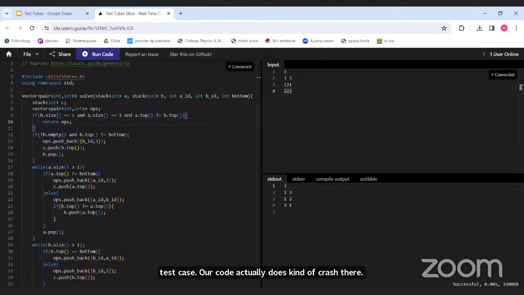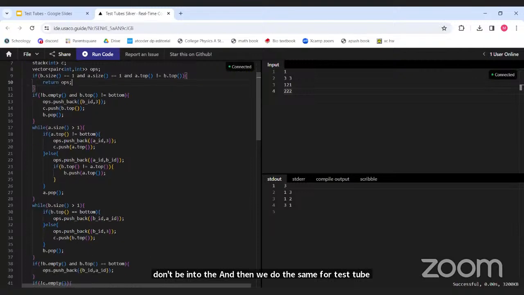Then as we start, if test tube 2 is a different color from the bottom of test tube 1, then we dump it into test tube 3, or the beaker. Then we go through test tube 1. If it's the same as the bottom of test tube 1, we dump it into the other tube. Otherwise, we dump it into the beaker. Then we do the same for test tube 2.